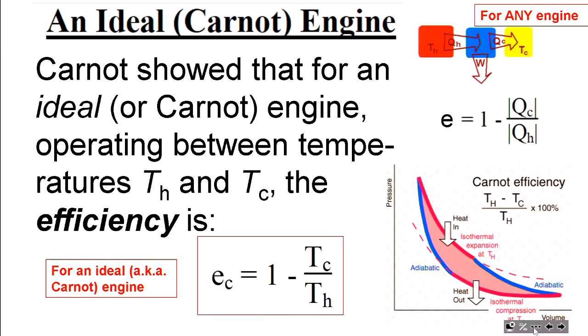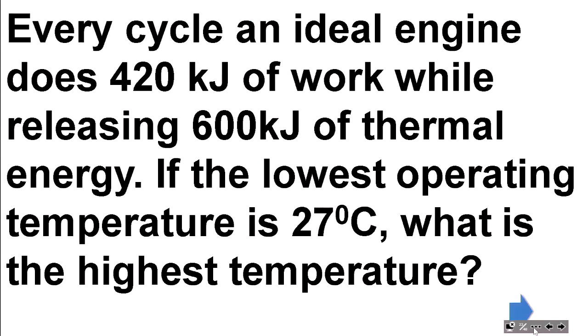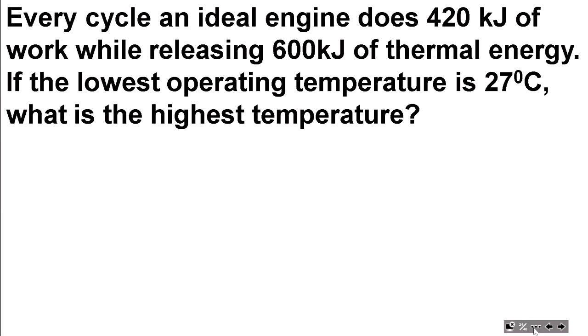And of course, if we use an ideal engine, we can use these equations together. For example, there is a cycle in an ideal engine, and we need to calculate the hot temperature. Well, all right, we know what to do.